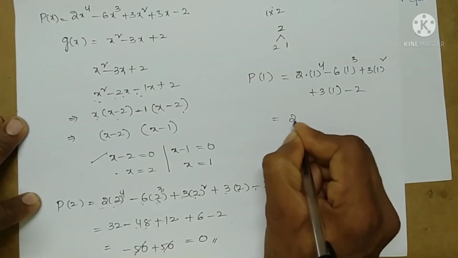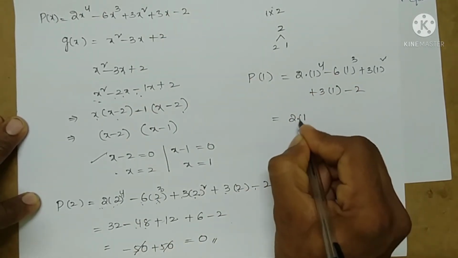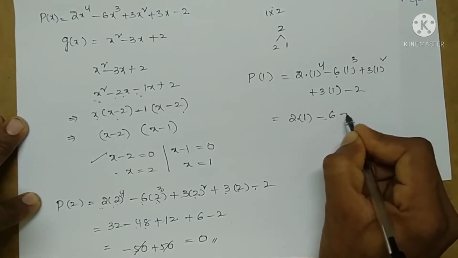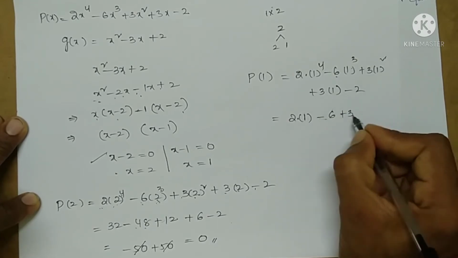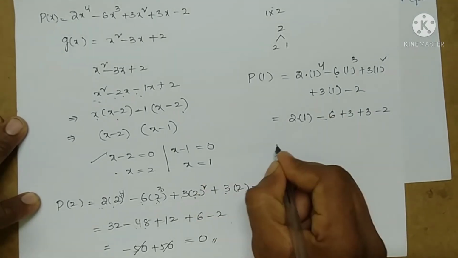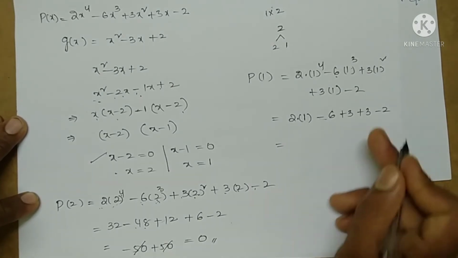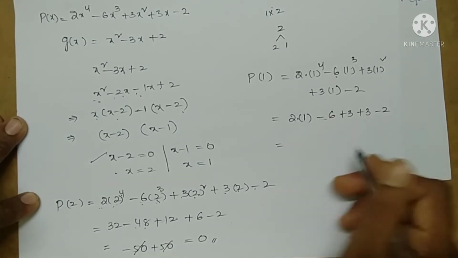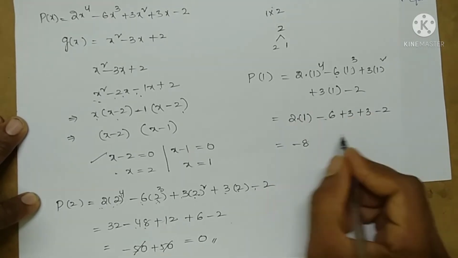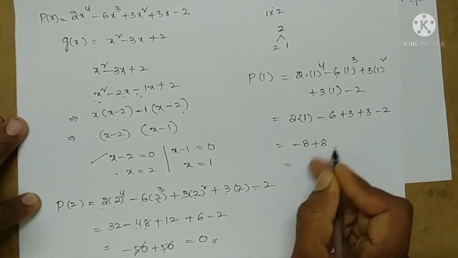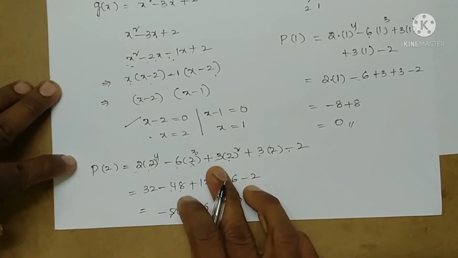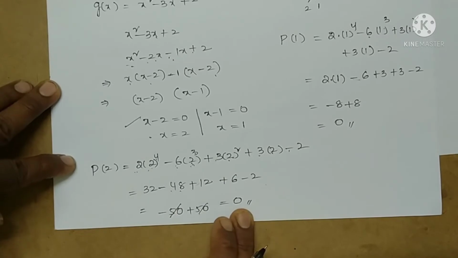So that is 2 into 1, which is 2, minus 6 into 1, which is 6, plus 3, plus 3, minus 2. So minus 6 minus 2 means minus 8, and 2 plus 3 plus 3 is plus 8. The result is minus 8 plus 8, which is 0. So here both conditions are satisfied.